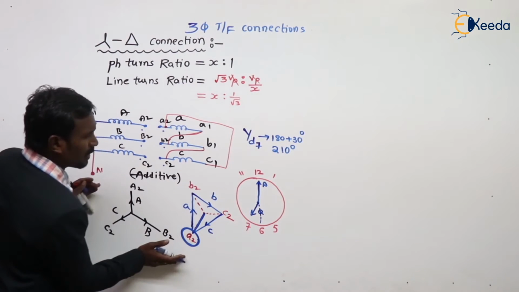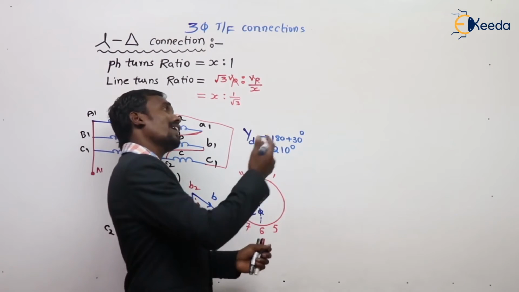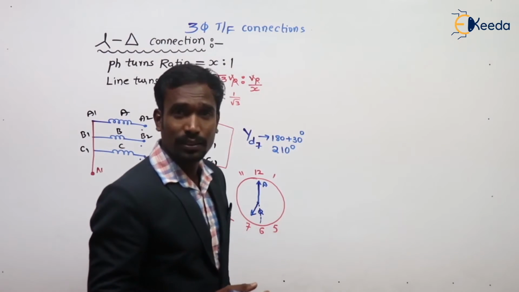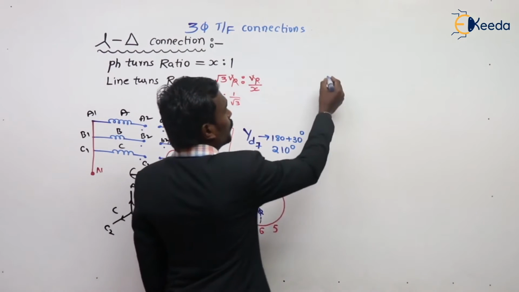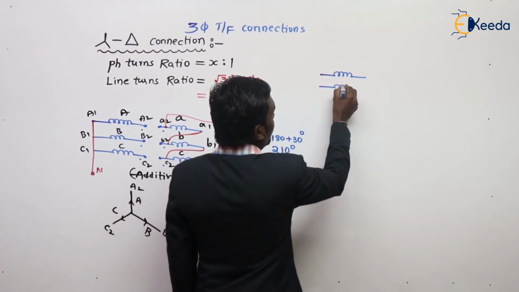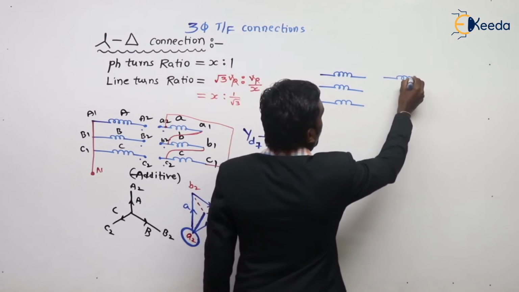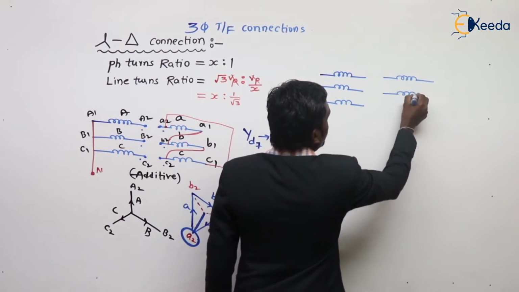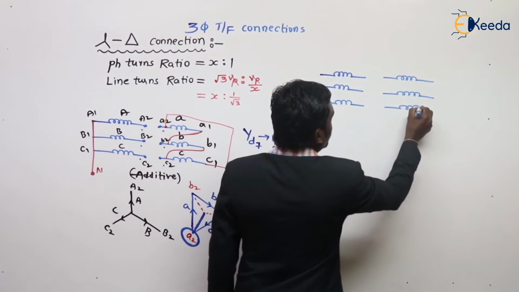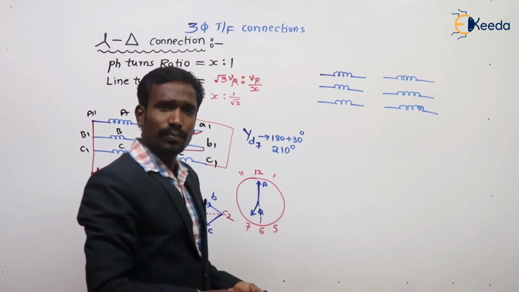So this is one configuration, that is 180 plus theta. Let's go for the next configuration. Let's see here. These are the primary windings, and these are the secondary windings.